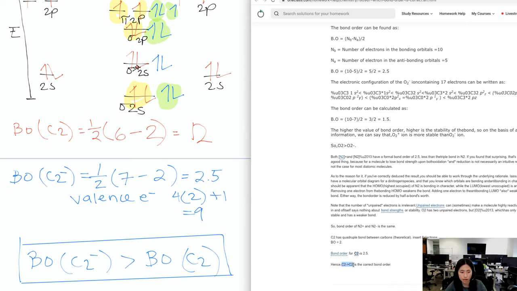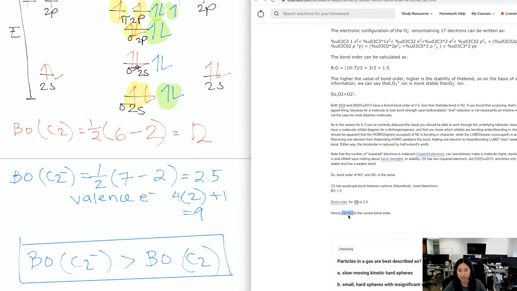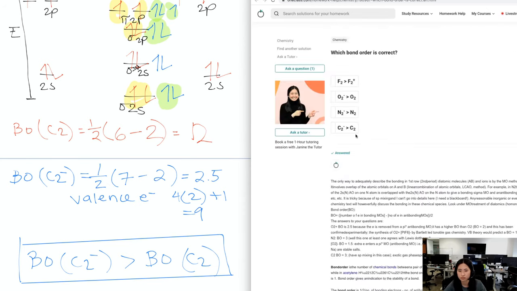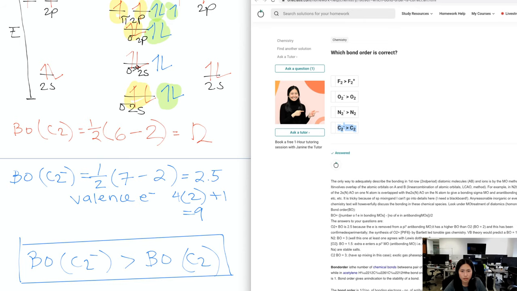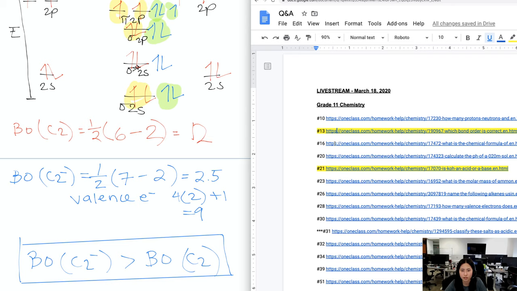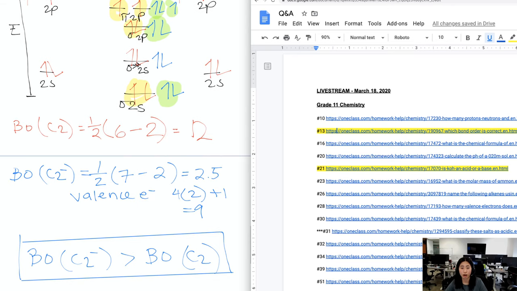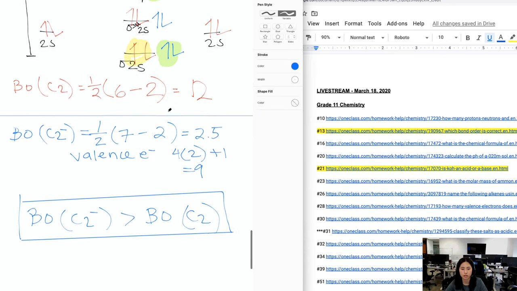So C2 minus, they're saying it's greater compared to C2, and therefore this is right. It's the one that I highlighted in blue. So this is the right answer. Okay, so hopefully that whole bond order thing makes sense. Yeah, that was a long one, but it's a very popular question, especially when you go to Western.